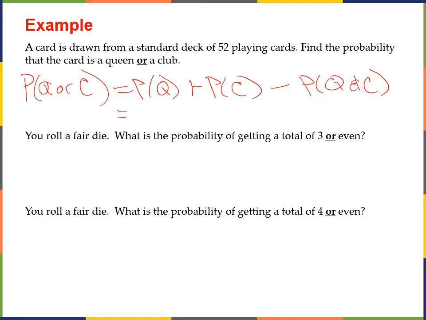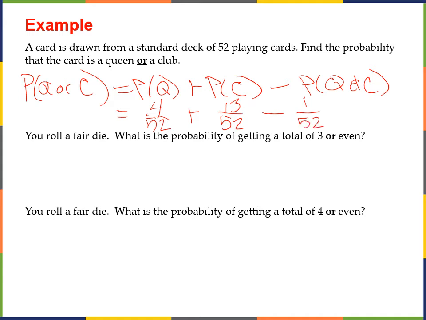Queen. How many queens are in the deck? 4. How many cards in the deck? 52. How about the probability of a club? Well, there are 13 clubs. How many cards? 52. So the probability of a club is 13 out of 52. Minus, how many cards are a queen and a club? Well, that's 1, the queen of clubs. So 1 out of 52.